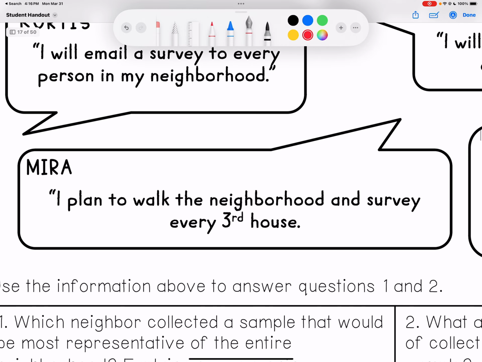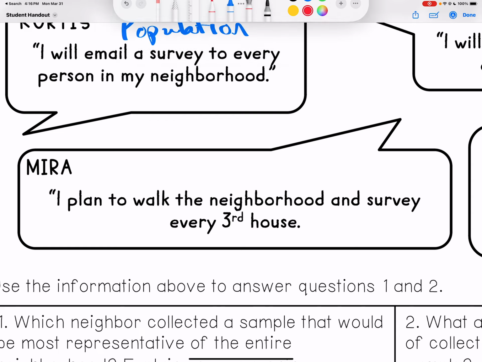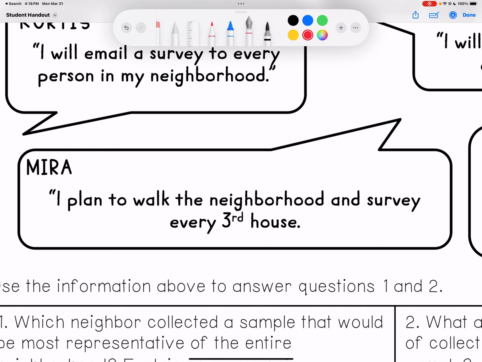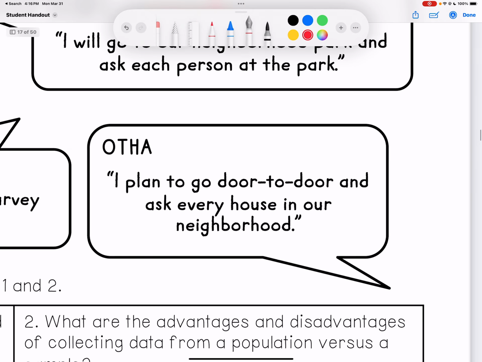All right, Myra. Myra says, I plan to walk the neighborhood and survey every third house. So she only goes to every third house. So is that the whole neighborhood or just part of it? It is part of it. So that's a sample. And Otha, she said, I plan to go door to door and ask every house in our neighborhood.